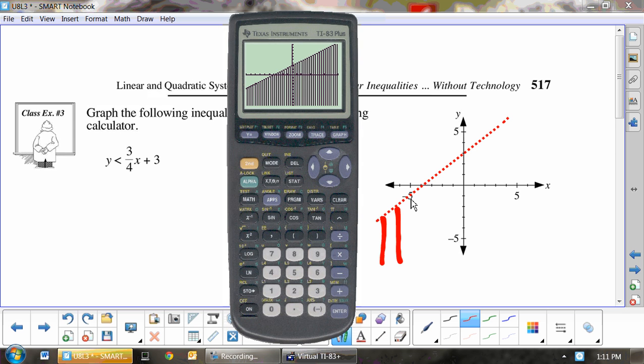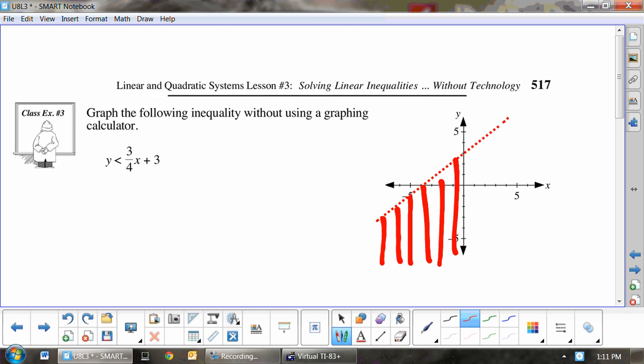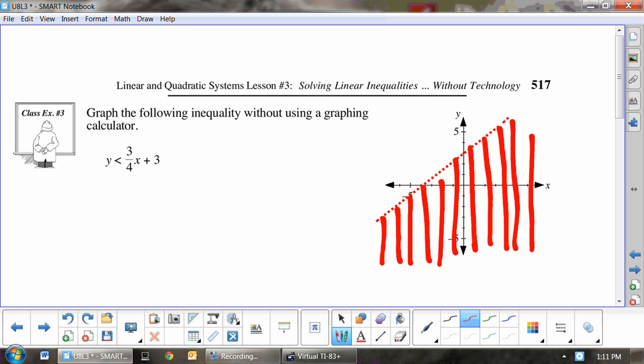We look here. So I'm already going to shade it in because I know that's what I need to find. Yep, the dotted line, because it's just y is less than. Yeah, then it'd be a solid line.